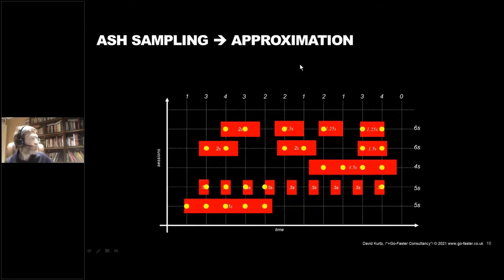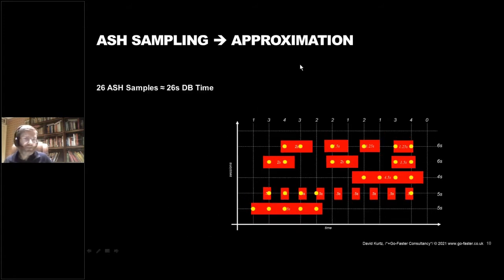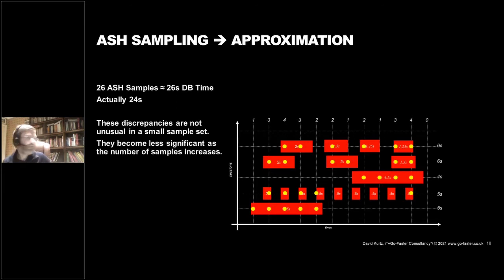It is an approximation, and I've got 26 samples here, so I'll talk about 26 seconds of database time. If you actually add up the amount of time on these sessions, there's a discrepancy. It was actually 24 because of the way they fell across the samples. Don't get too worried about this, because the key thing is which things burnt the most time.